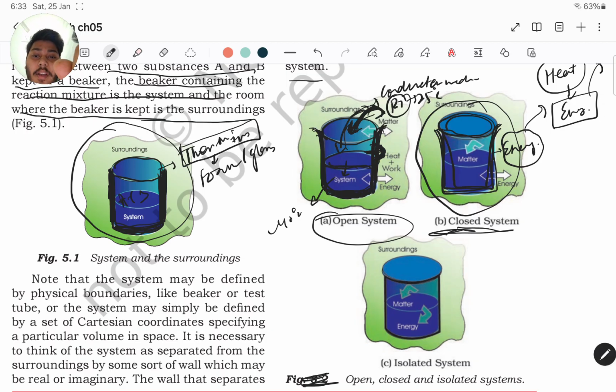If the boundary is made of some foam, or there are two boundaries, for example this and this, both are made up, and in between there is no air, means there is no particle to provide the medium for exchange of energy, means there is an insulator, a vacuum is there, we can say that directly. So the heat can't be exchanged.